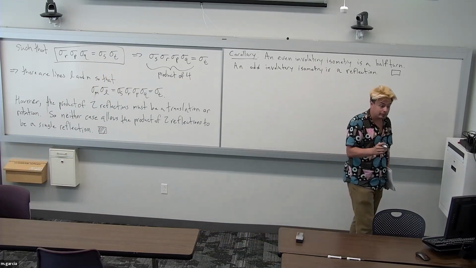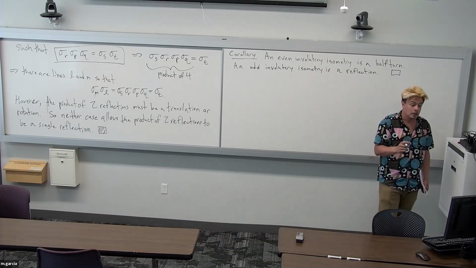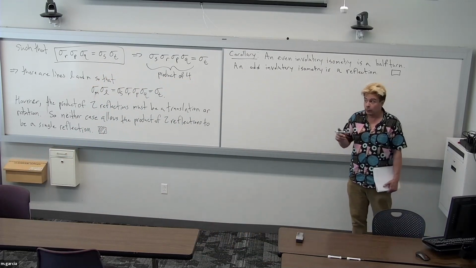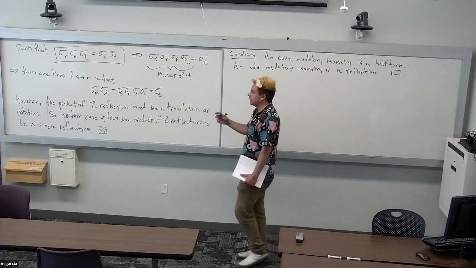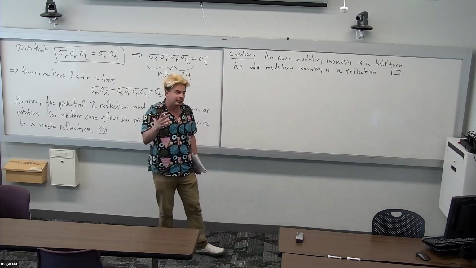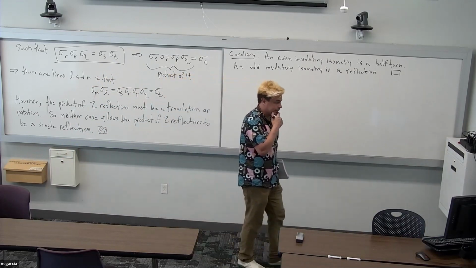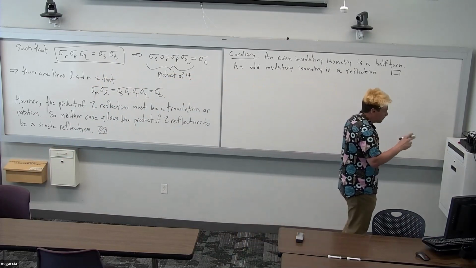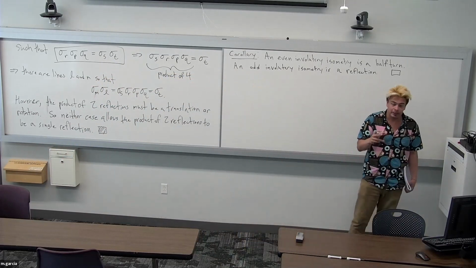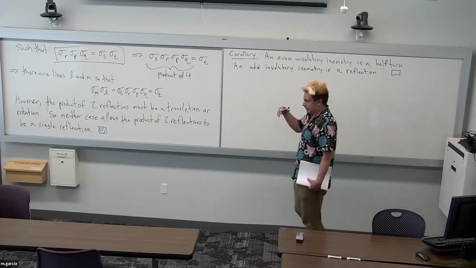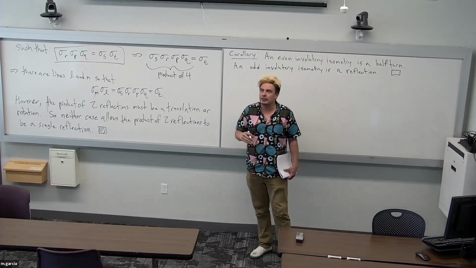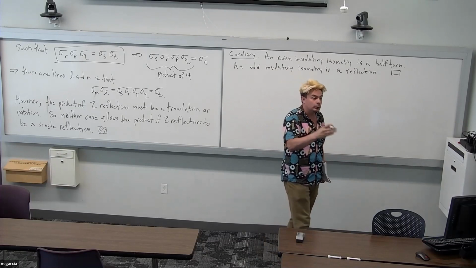It's a rotation by 180 degrees. So, being a rotation, it can be expressed as the product of two reflections. Namely, because it's a rotation by 180 degrees, it has to be expressed as a product of reflections in two perpendicular lines.